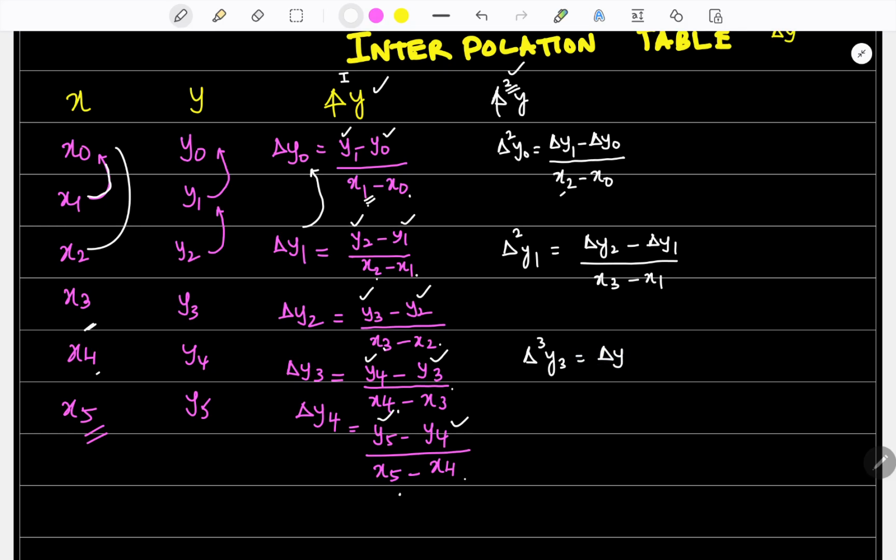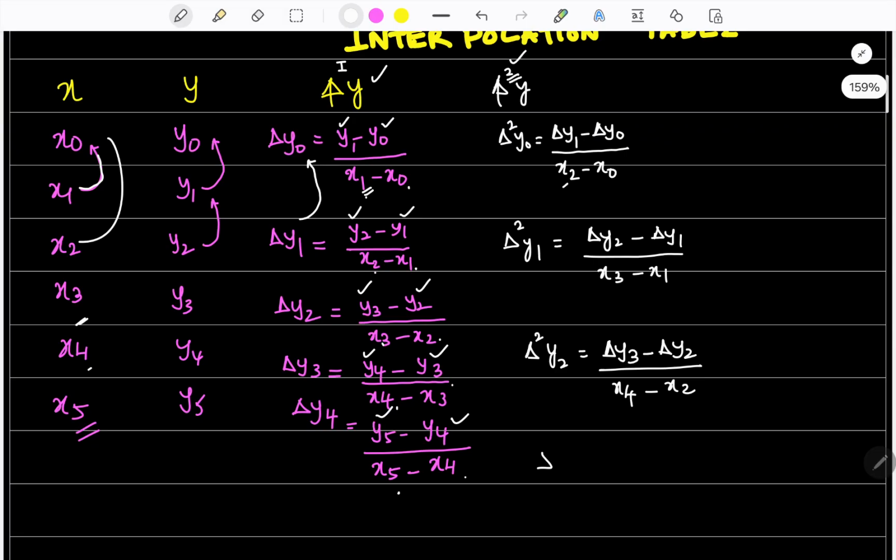Del square y2 is equal to del y3 minus del y2 divided by x4 minus x2. Then again del square because it's the second iteration: del square y3 equals del y4 minus del y3 divided by x5 minus x3.